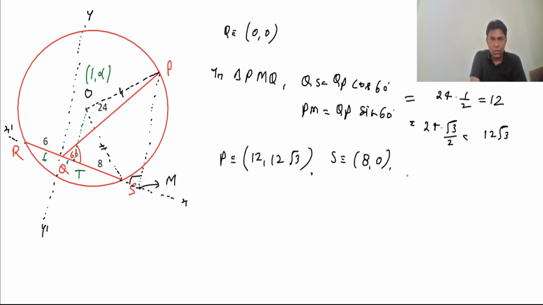So the coordinates of point O are 1 comma alpha.